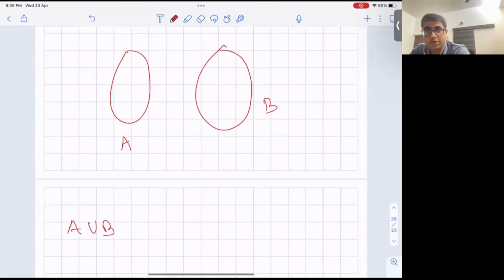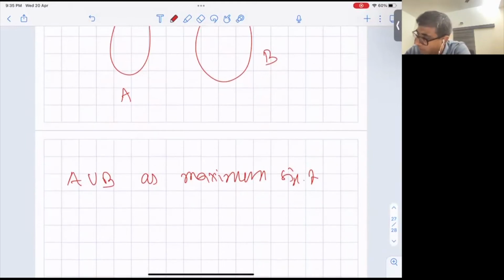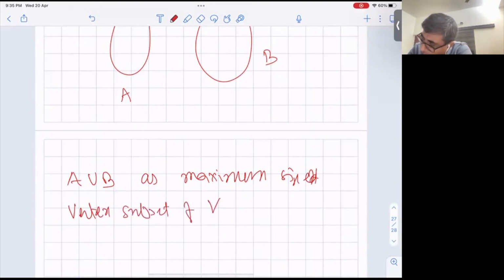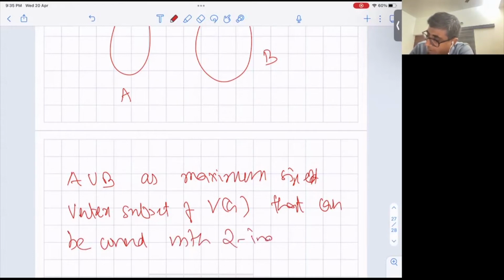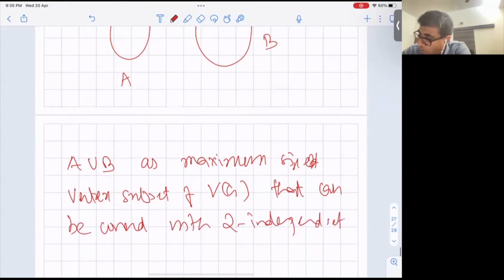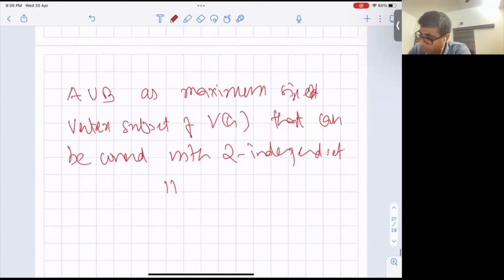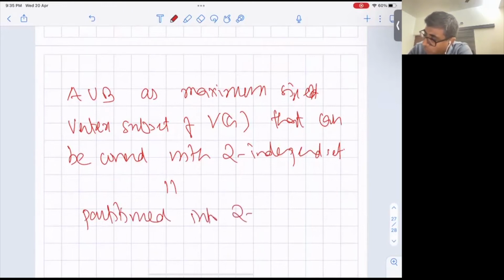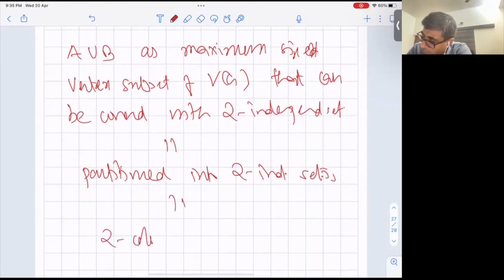I can think of A union B as the maximum sized vertex subset of V(G) that can be covered with two independent sets, or that can be partitioned into two independent sets, or which is two colorable.